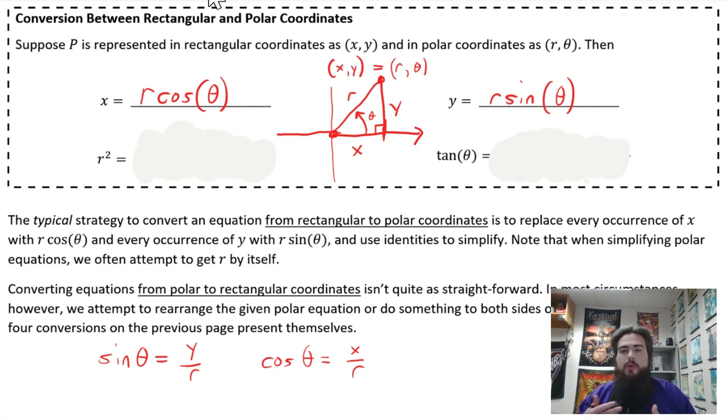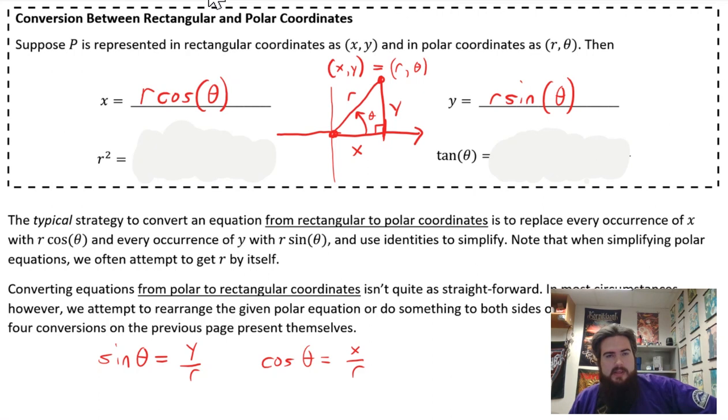I can replace all instances of x with r cosine of theta, and replace all instances of y with r sine of theta.